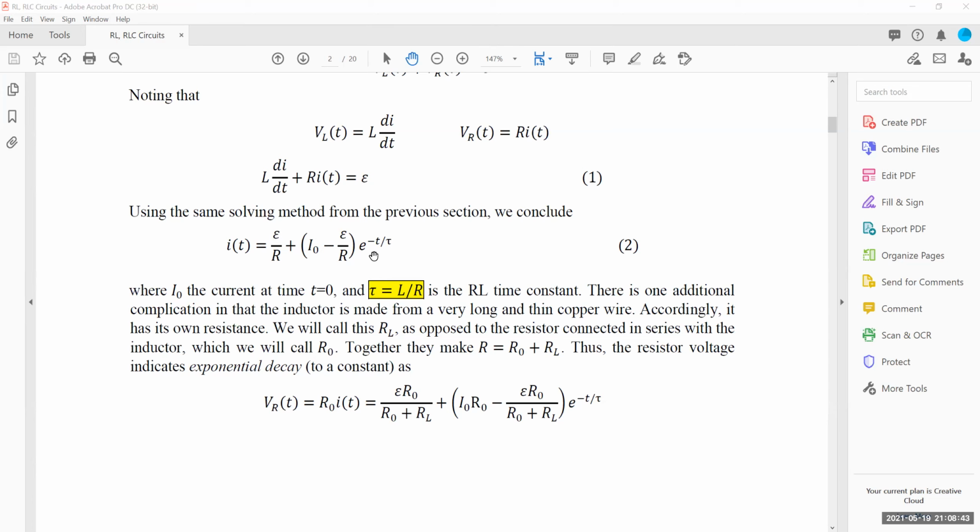Oh, I'm sorry. This term in here, I was wrong about it. It's not just that. It's the exponential negative t over tau. Pull out the negative 1 over tau, but you have to multiply it by the whole term in here. So negative 1 over tau, which is negative R over L, and the R cancels the R in here. So if you do this, you're going to find it correct.